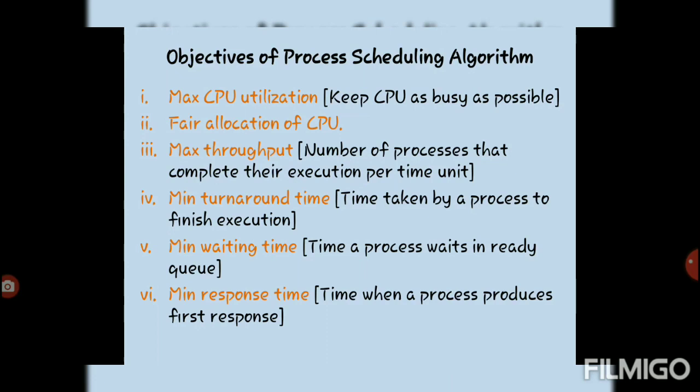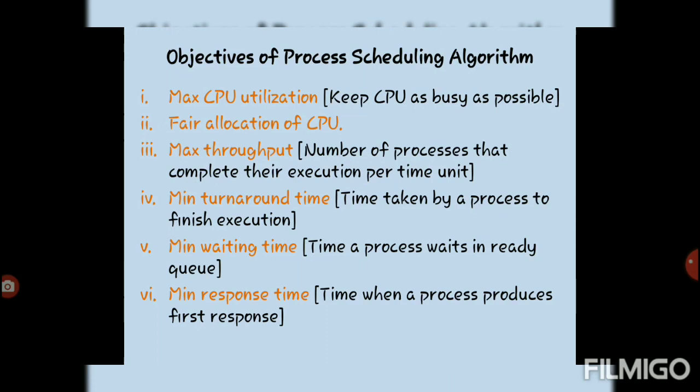Then the third one is maximum throughput. That is, we maximize the number of processes that utilize the CPU. Then minimum turnaround time. Turnaround time is the time taken by the process to finish execution, and that should be minimized.